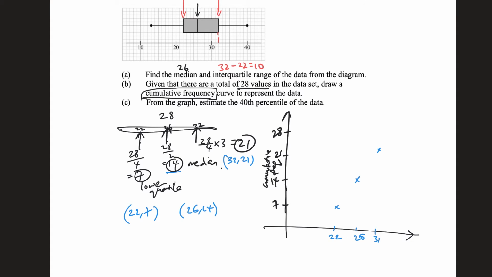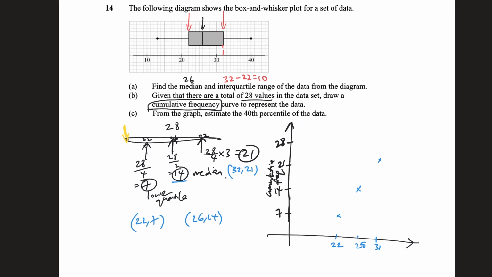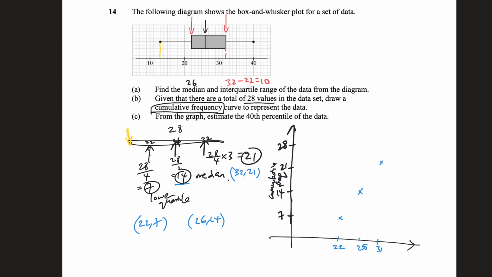Then we still have 2 more points that we can plot. Basically, it is at the minimum point, which we can see over here is 13. So the point that I'm plotting is actually 13, 0, because I'm starting at 0. The first value is actually 13.